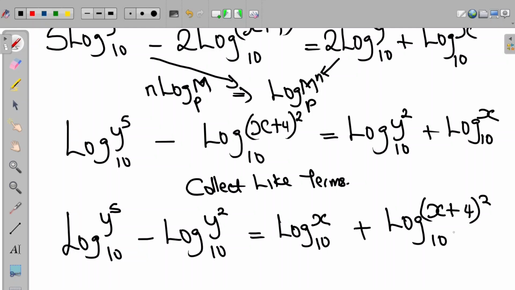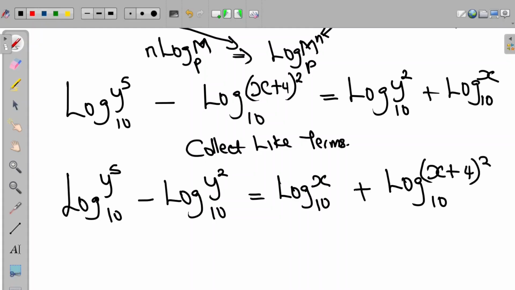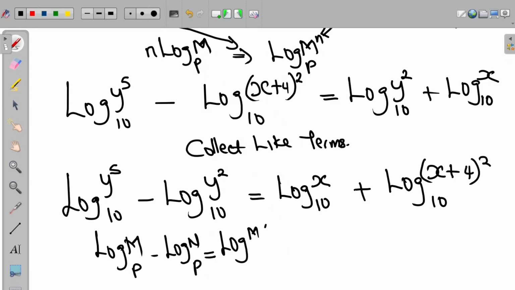to base 10. So also recall that from the addition and subtraction laws of logarithm, if we have an expression log m to base p minus log n to base p, this can also be expressed as log m divided by n to base p.